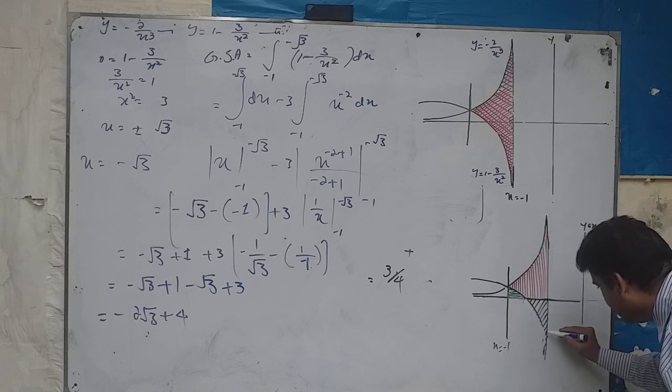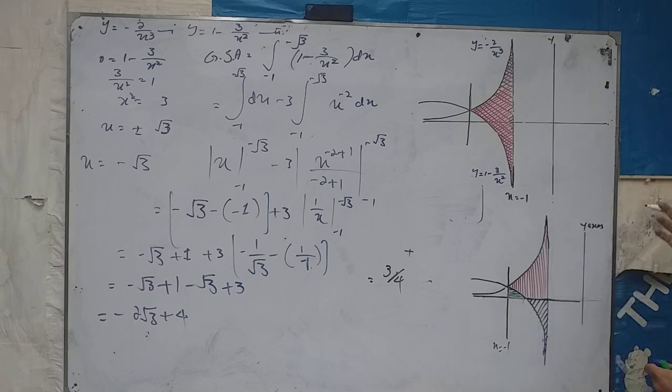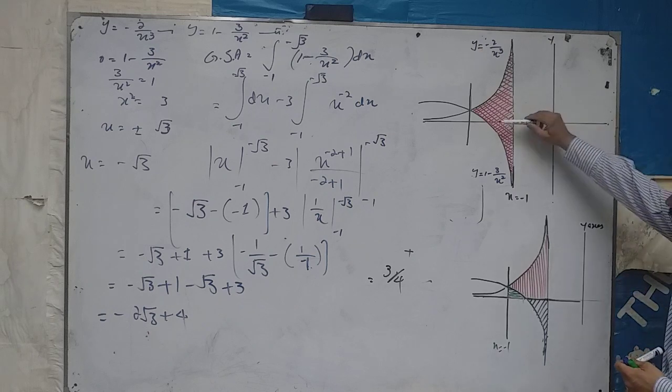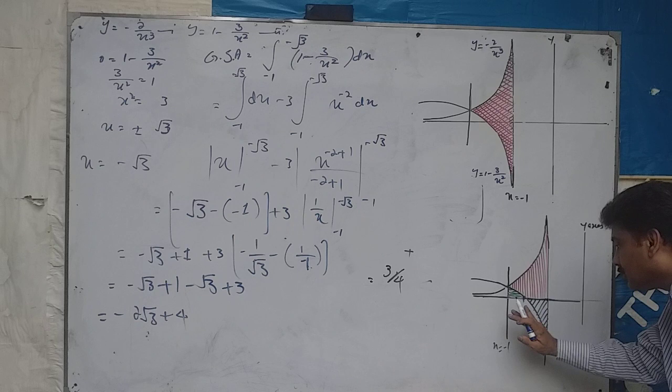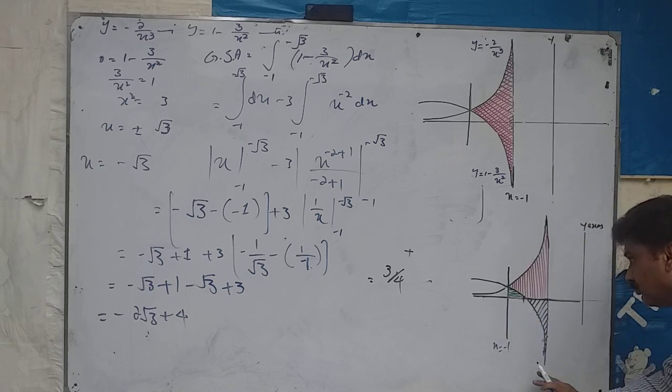In the end we find the area which is remaining. We can find this area from x equal to minus under root 3 to x equal to minus 1. This will be the remaining area.